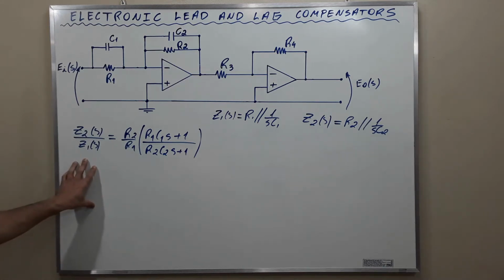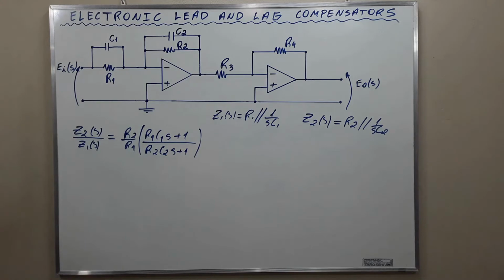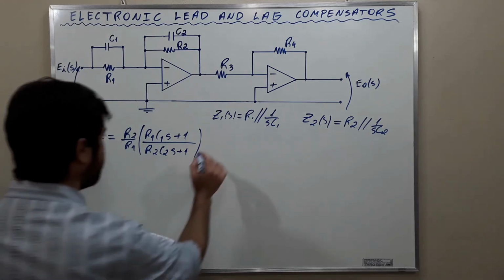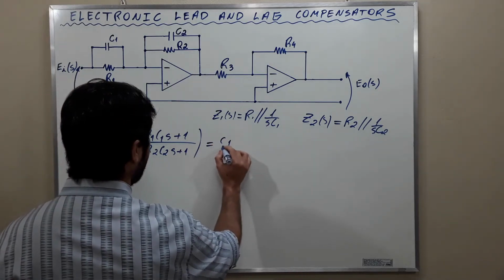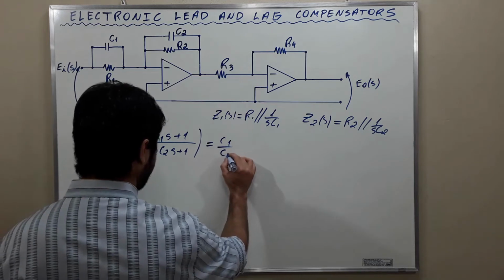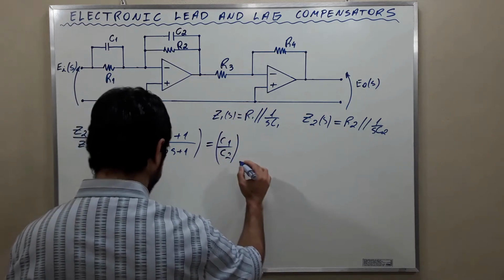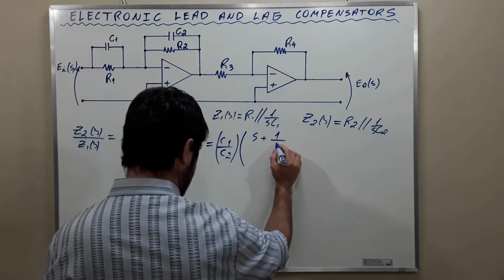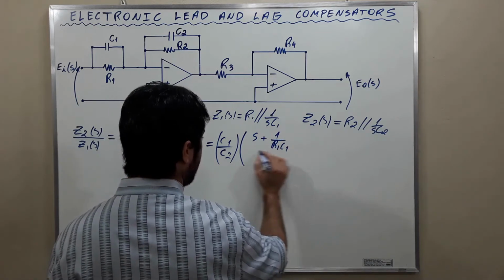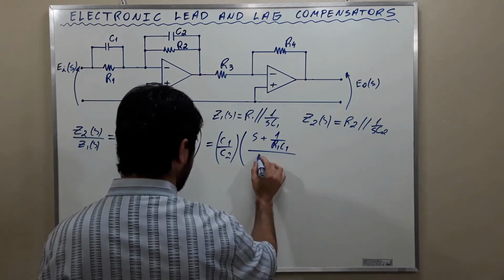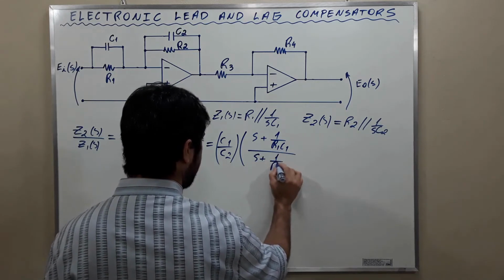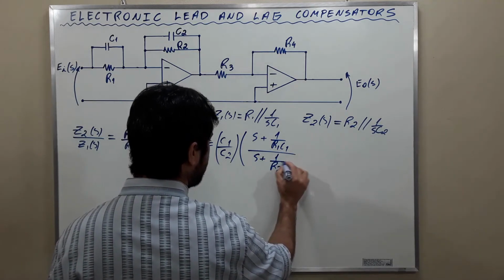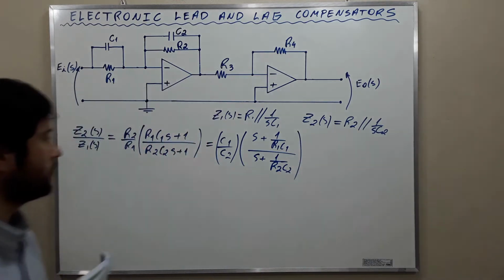This is Z2 over Z1, which can be rewritten as C1 over C2 times (S plus 1 over R1 C1) over (S plus 1 over R2 C2). Okay?